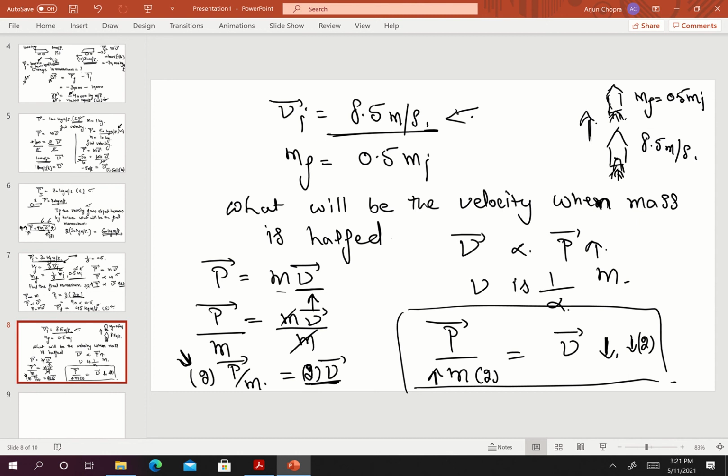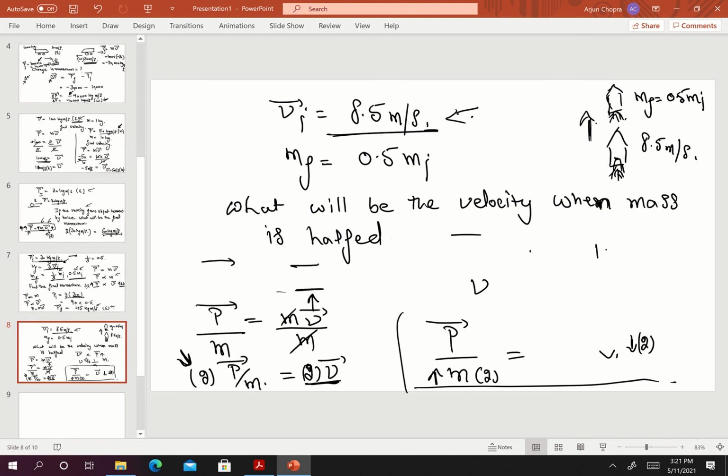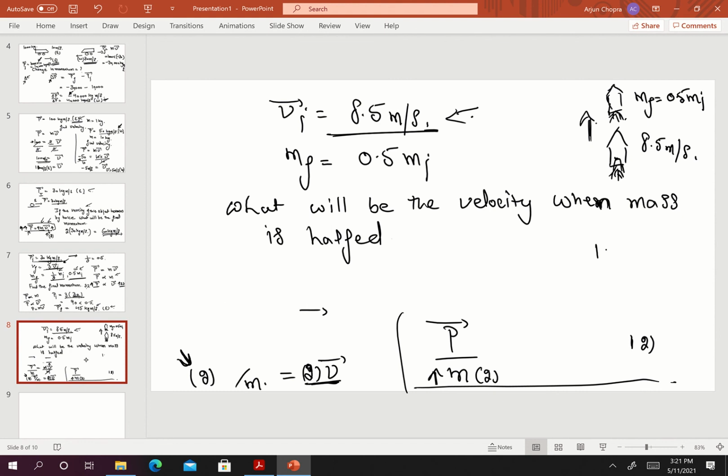That's what's going to happen. And one piece of information which I'm missing, which I haven't given you guys in the question, is that the momentum has also changed. So I'm going to assume that the momentum has increased by a factor of 4 in the given question. So I will erase and make some space here.